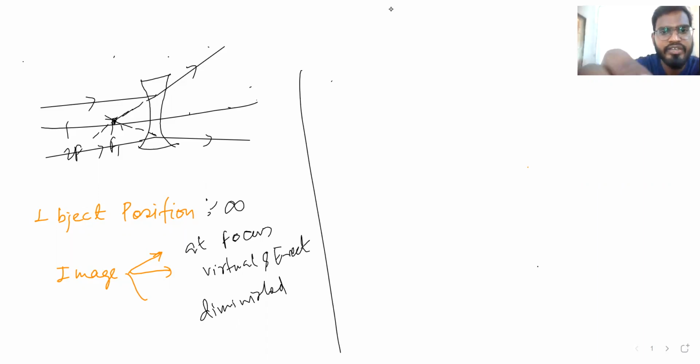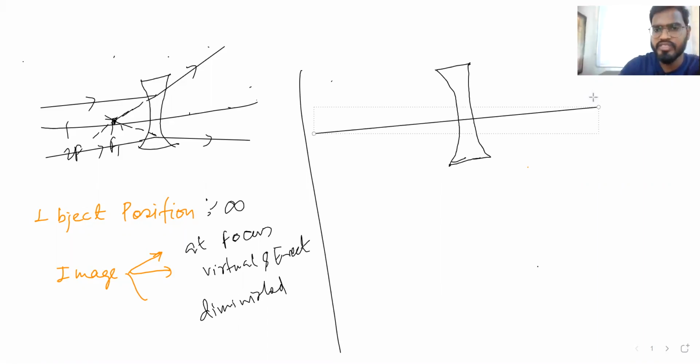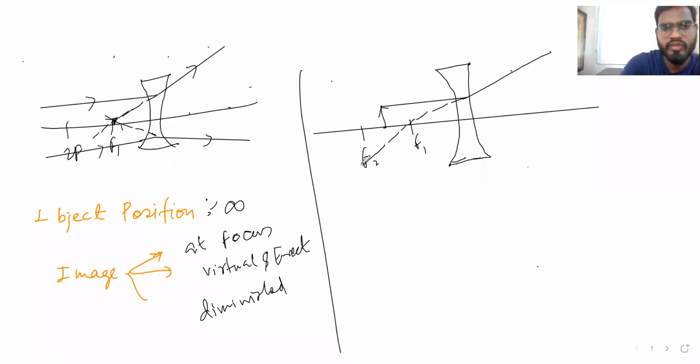Next, we are going to do the case where the object is placed somewhere between f1 and f2, somewhere here. So only two cases we are going to see here. The first ray of light I am considering, a ray of light parallel to the principal axis, will pass through the focus.